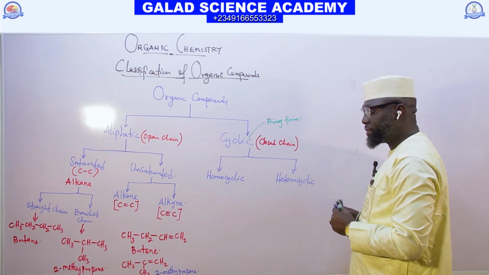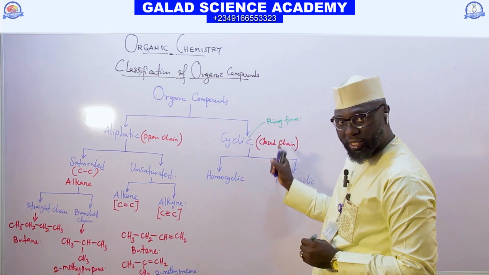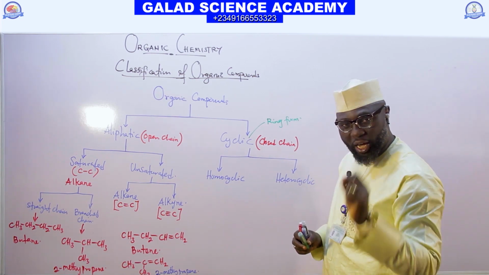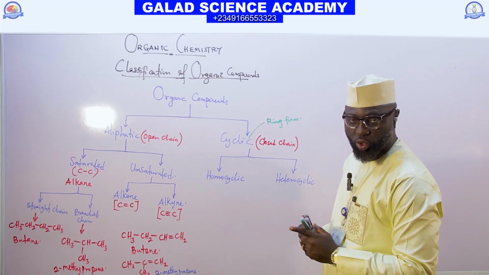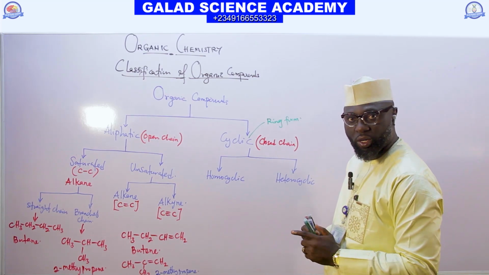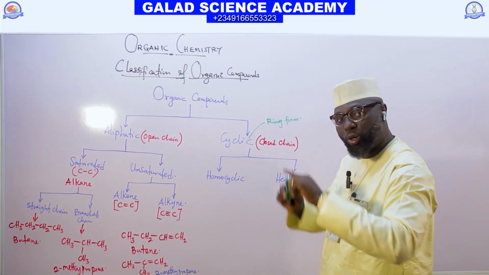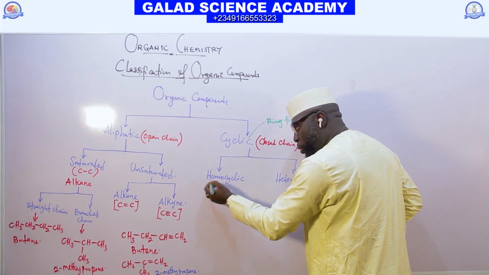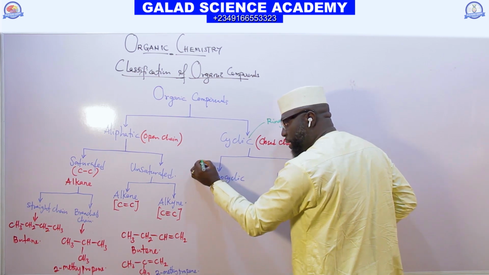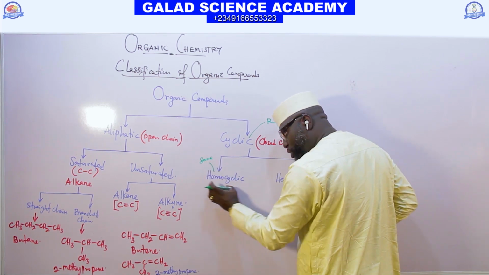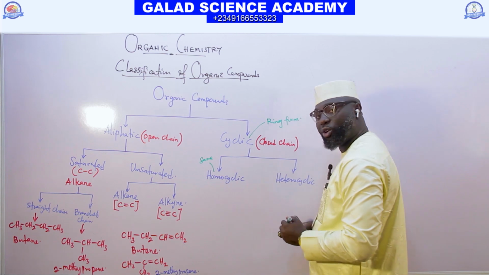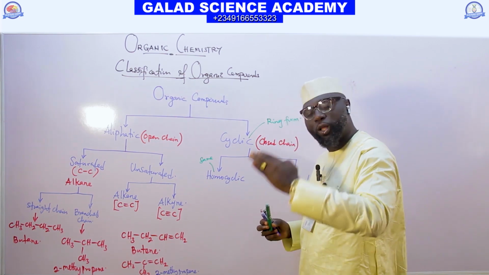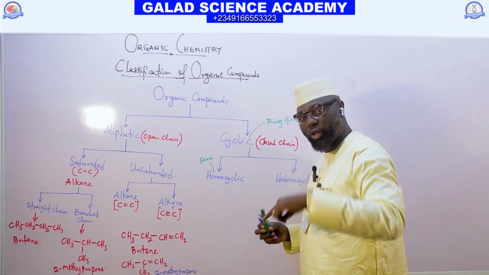That's the meaning of cyclic. And if the cyclic compound contains carbon to carbon bonds throughout, without any other element, you call it homo. You know this homo means same. So this homocyclic is an organic compound that contains carbon to carbon throughout.